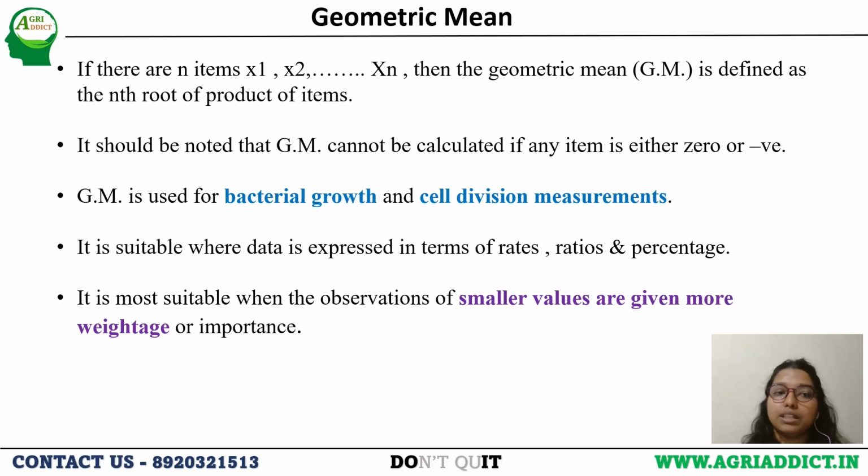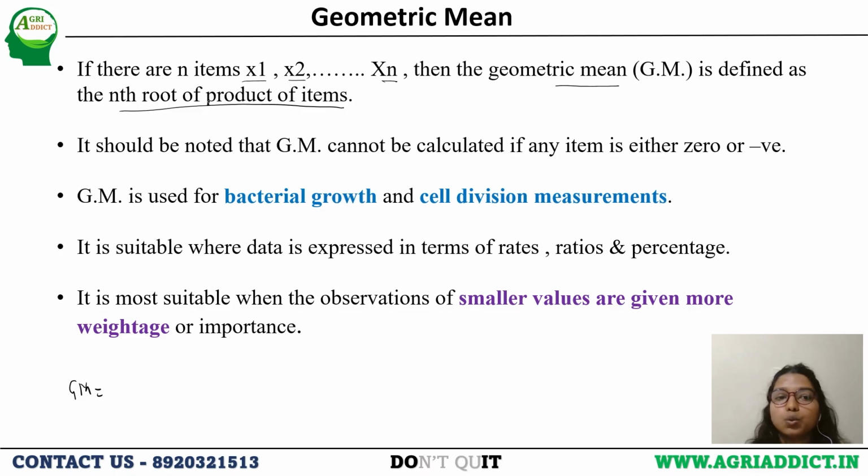Next is geometric mean. If there are n items like x1, x2, up to xn, then the geometric mean is defined as the nth root of the product of items. Let's derive the formula. We just have to follow the definition.